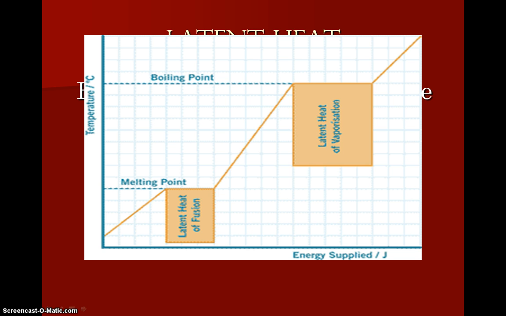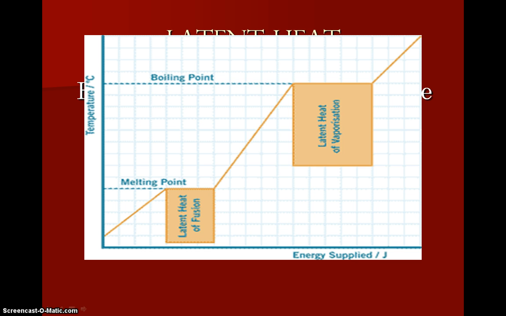So down here, if this is the melting point right here, that means down here it's a solid. So it's taking some energy in order to change the temperature of the solid. And then there is a period of time here where we're adding energy to the system, but we have a flat line, so the temperature is not changing. And that's when we have this idea of latent heat of fusion, or the required energy to change the state.